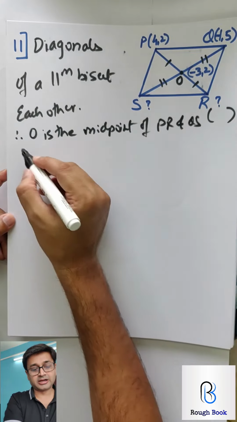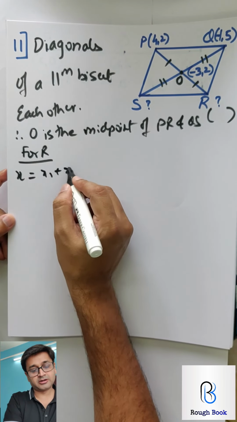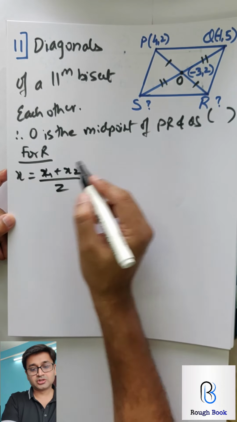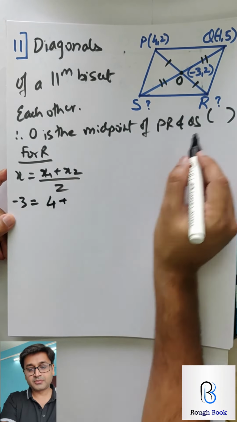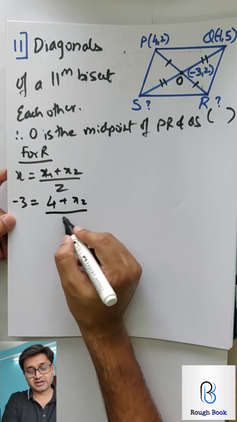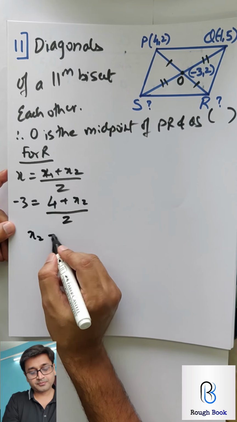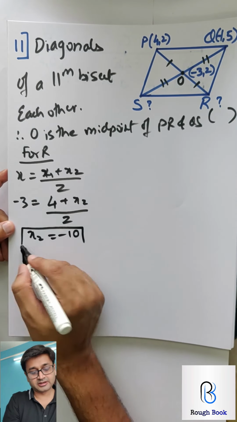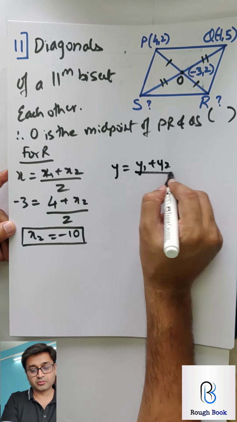So first for R, X is equal to X1 plus X2 by 2. So my X in this case is minus 3, X1 is 4, X2 is unknown, so keeping it as it is. So I will get minus 6 minus 4. So that becomes minus 10. Likewise, Y is equal to Y1 plus Y2 by 2.